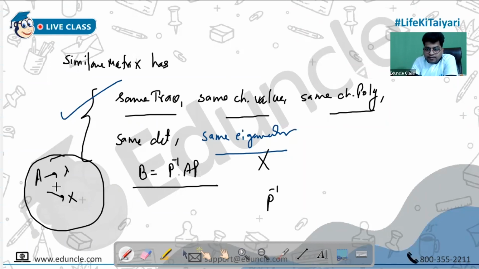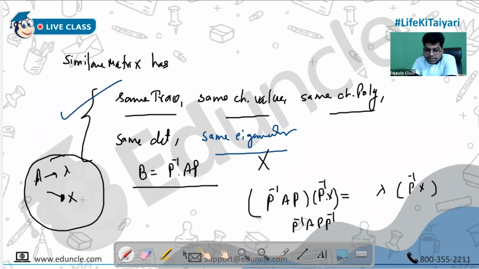Wait. Okay. A has eigenvalue lambda and eigenvector x. Then P inverse AP has eigenvalue lambda, no? So what is the eigenvector? I am saying P inverse x. Why? Because if you multiply P inverse AP with P inverse x, finally you will get P inverse A identity x.